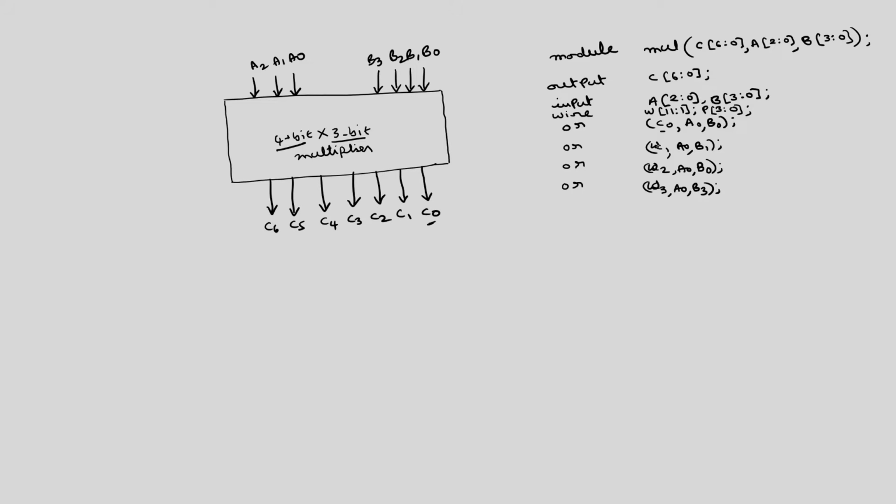Because these are the wires. This is W1. C0 is the first output, the remaining are all wires. So you have not obtained the outputs yet, we have to obtain them through the 4-bit ripple carry adders. This is W1.